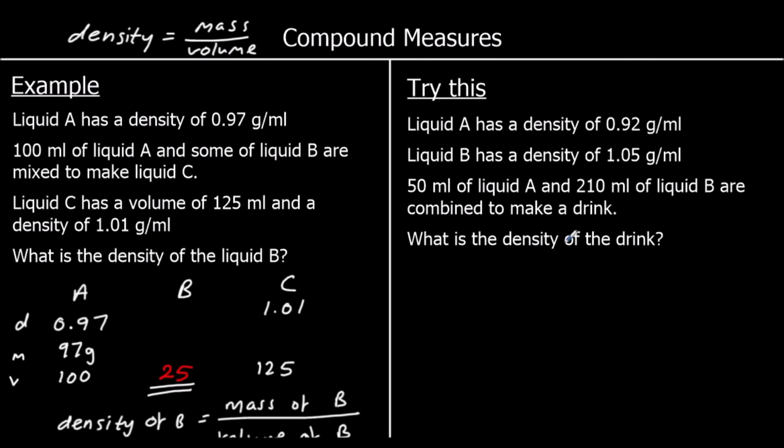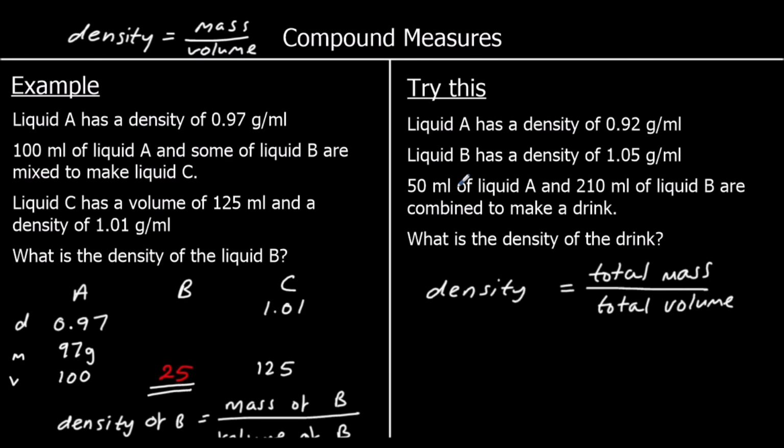So for the combined drink density, we're going to have total mass over total volume. And we know the total volume, well, it's going to be 50 plus 210.